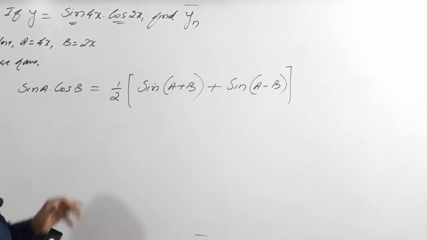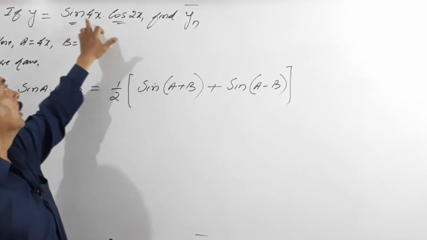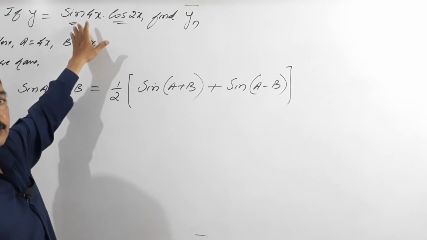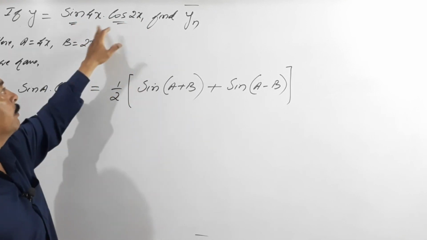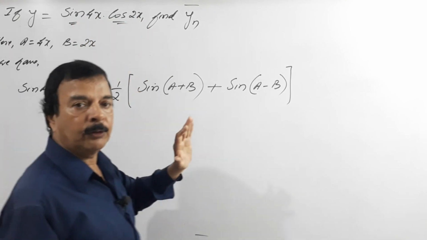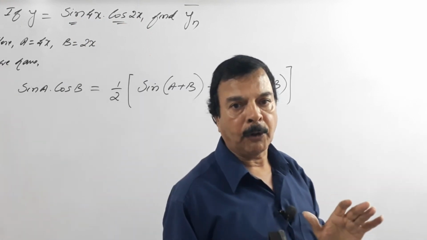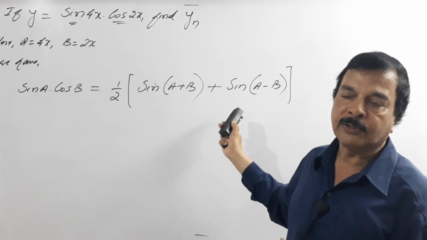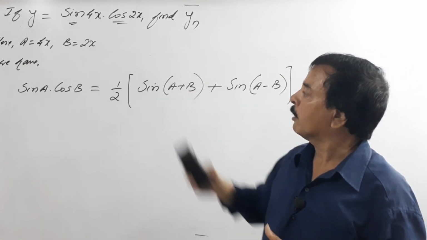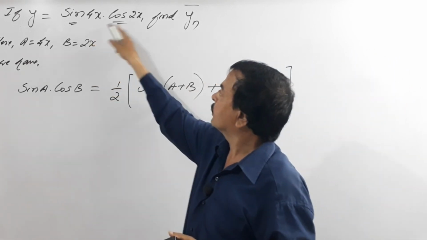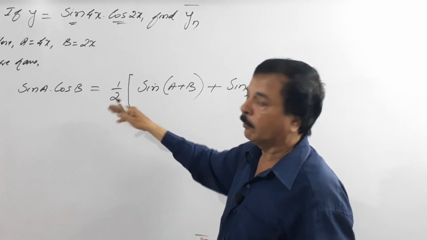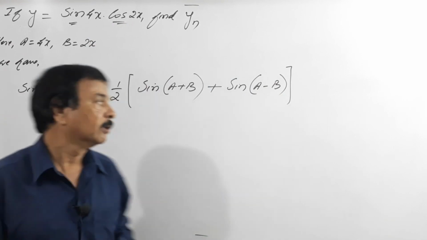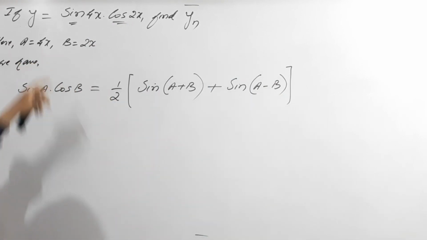See what has happened here? We have a product here, that is sin of 4x into cos of 2x. So I have told you, whenever you get a trigonometric product, convert that into a sum or a difference rule and then proceed. Now I have converted it into sum and difference rule. Now substitute the values. So what happens here? I have told a is 4x.